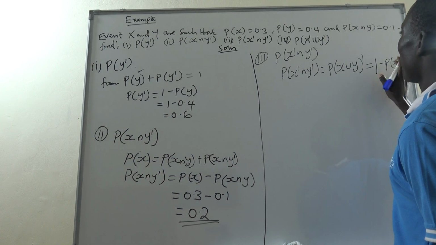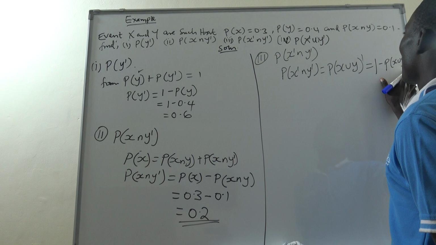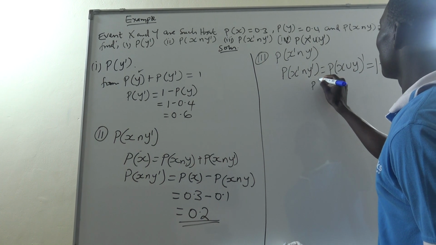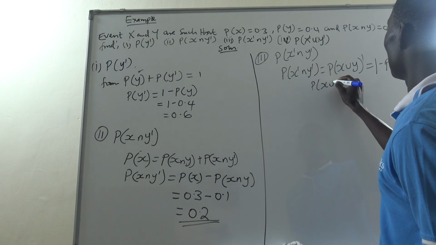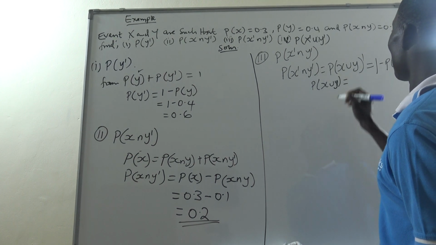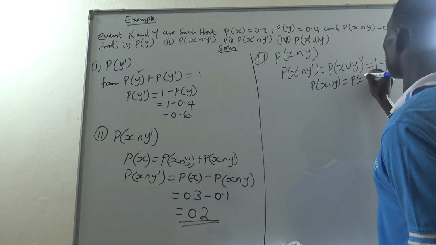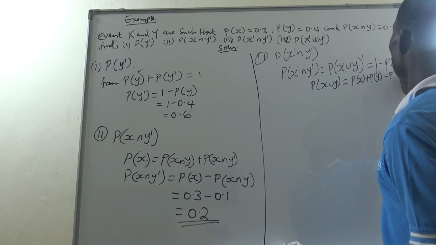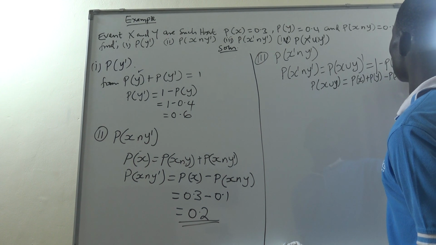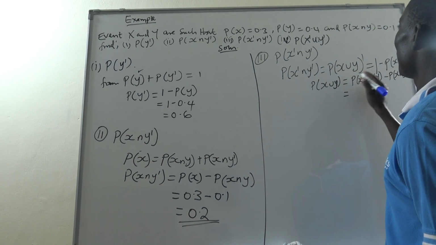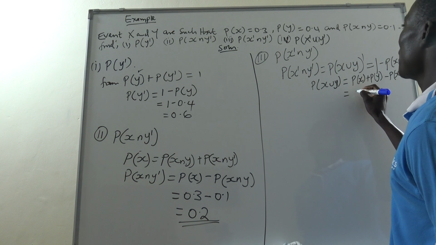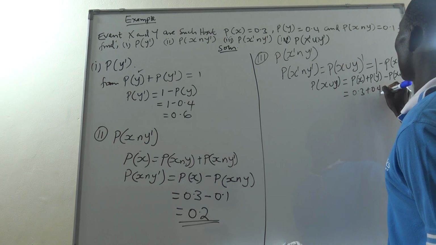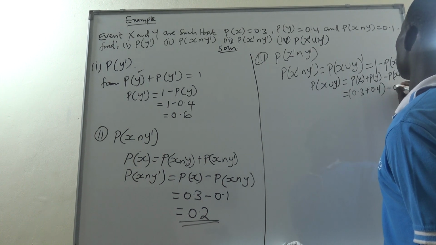This method works, where you get the probability of X union Y as the probability of X plus the probability of Y minus the probability of X intersection Y. So this gives you 0.3 plus 0.4 minus 0.1.